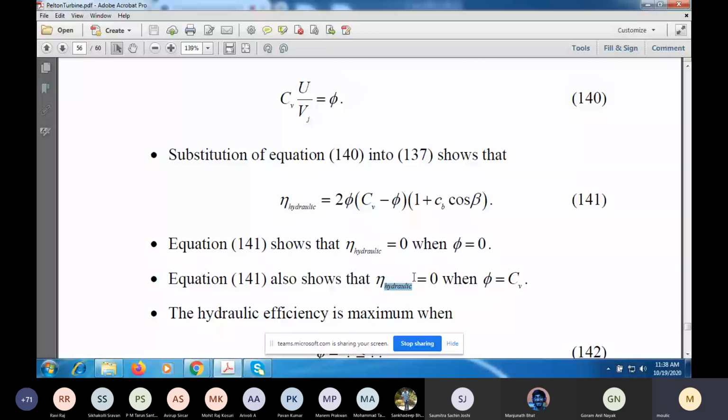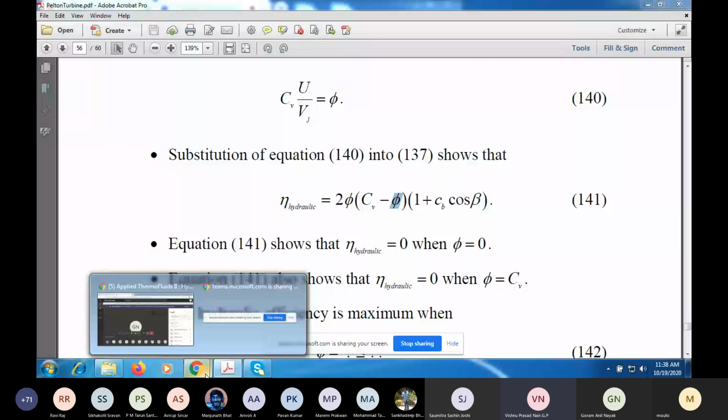Now, this is a quadratic in phi. So you tell me, for what value of phi will you get the maximum efficiency here? CV by 2. Yeah. CV by 2.